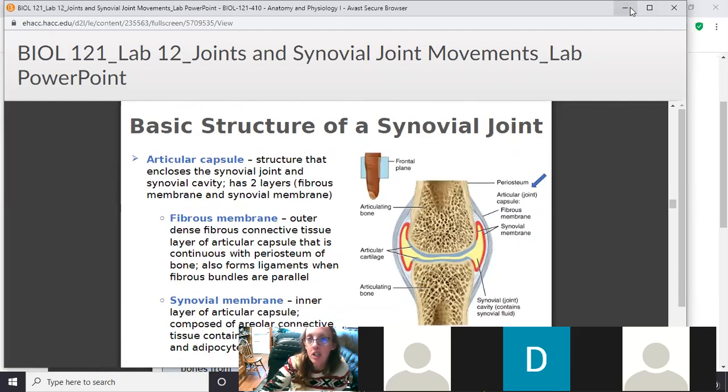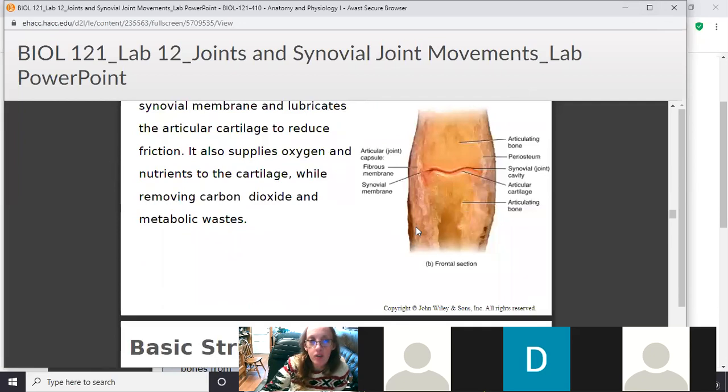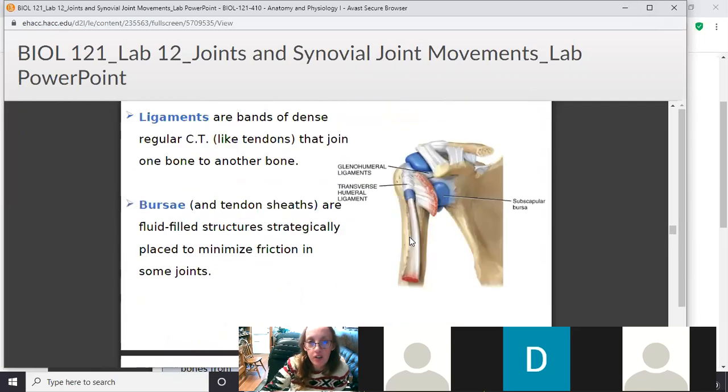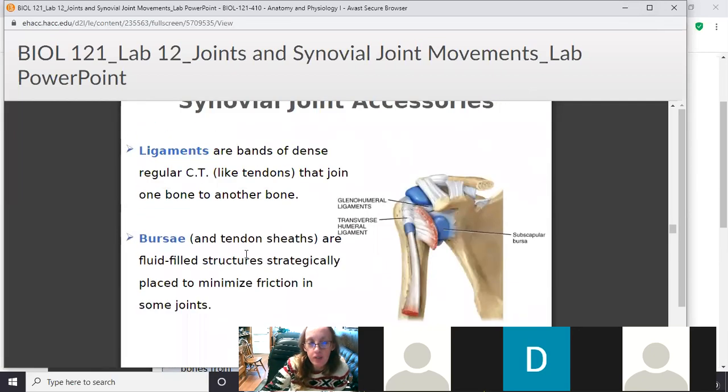Bear with me just a second. I'm going to look really quick, see if it's here. Yeah, right here. So, fluid-filled sacs. You will see them when they get banged or damaged. You can get it on your knee, or anywhere you have a synovial joint.